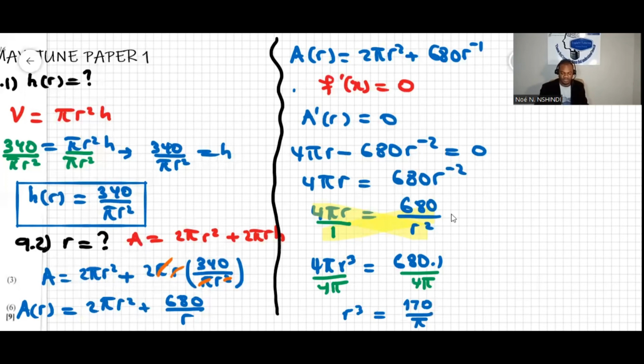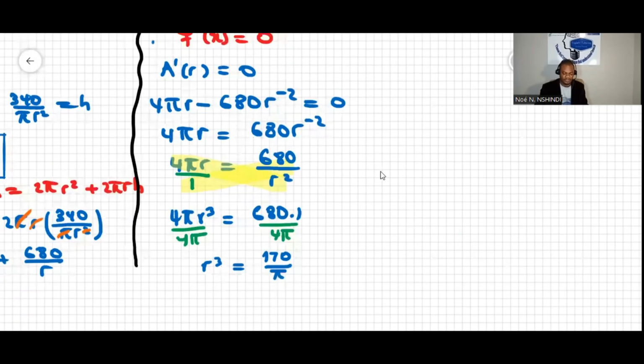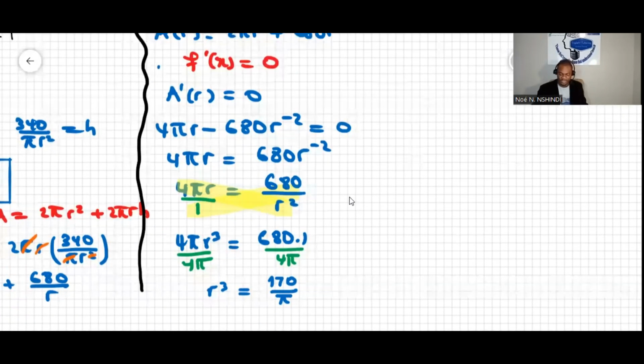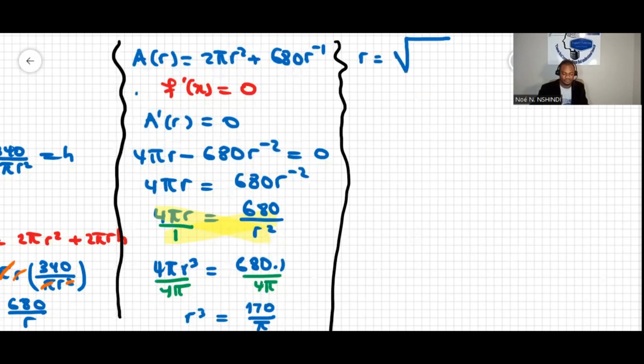Therefore, if I need to find r, I am going to take the cube root. Okay, r will be the cube root of 170 over pi.